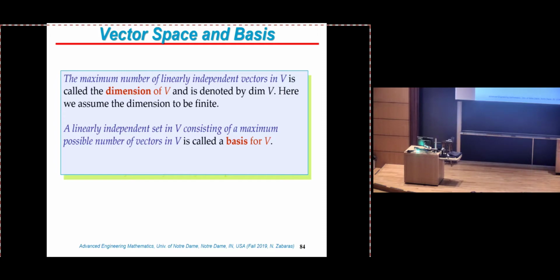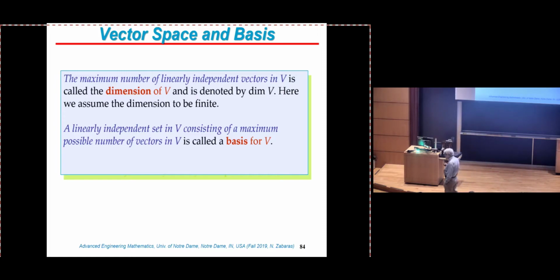The idea here is that this maximum number of independent vectors in V is what you need to generate any other vector in V by what process? Linear combinations, right?